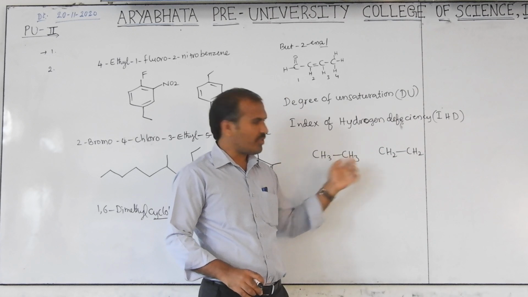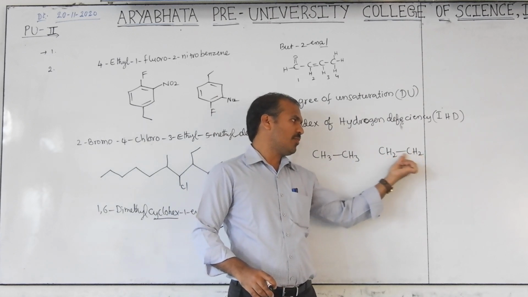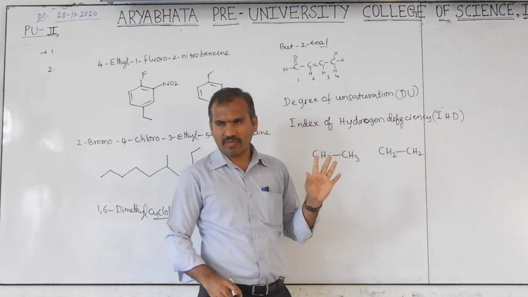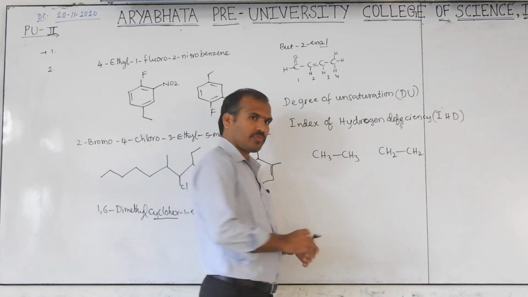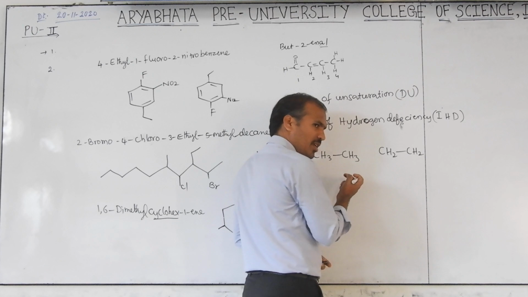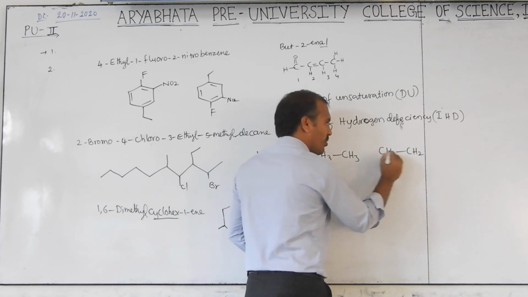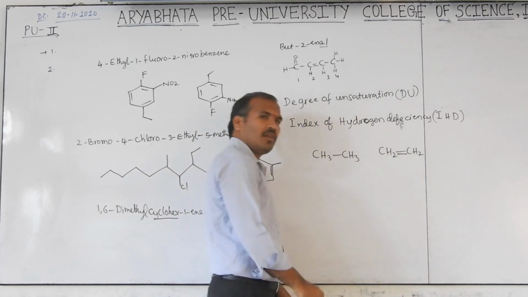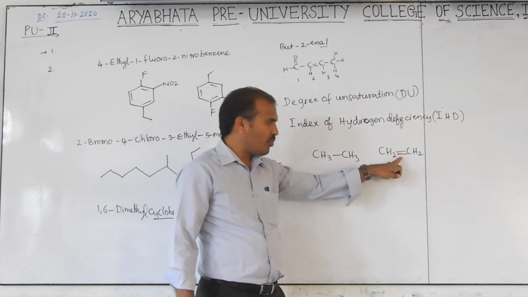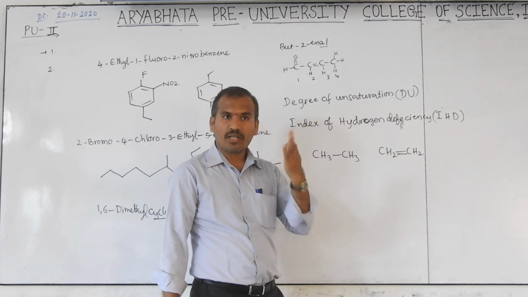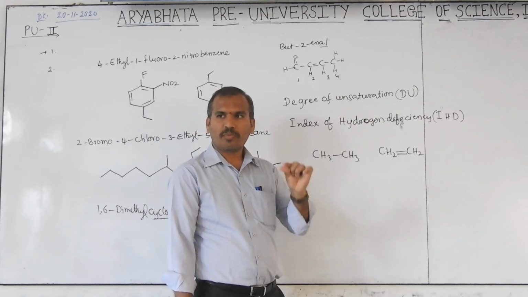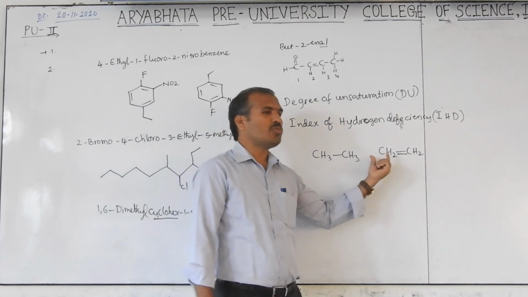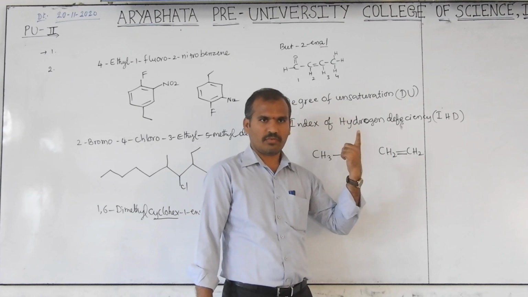Here, 2 plus 1, 2 plus 1, carbon balance is not satisfied. To satisfy the carbon balance, what do I have to do? You can place a hydrogen on both sides. Otherwise, you can place a bond. When you are placing one bond, how many hydrogens are lost? 2. Got the point? When you are placing a pi bond, 2 hydrogens are removed.